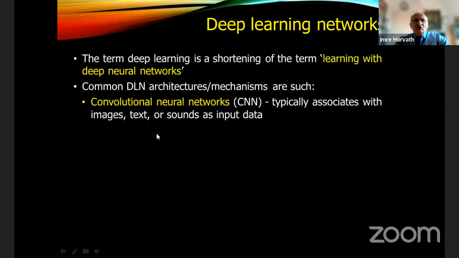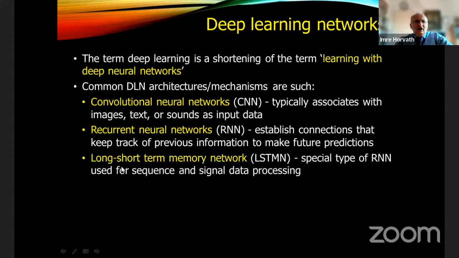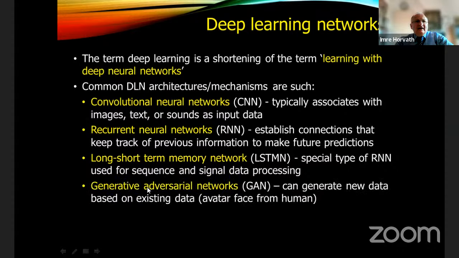But there are other deep learning network architectures and deep learning mechanisms to mention. For instance, deep learning has been extended to the field of recurrent neural networks, which establish connections that keep track of previous information to make future predictions. The long short-term memory network is a special type of RNN used for sequence and signal data processing.